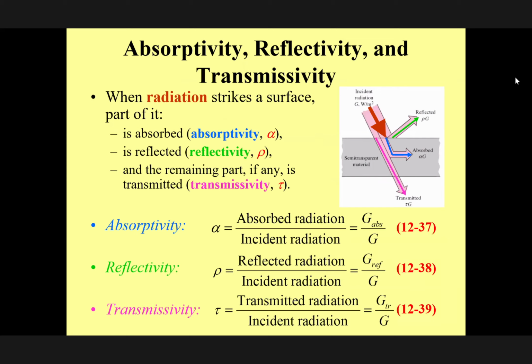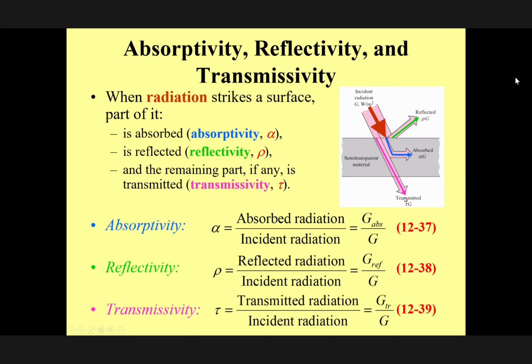Again, we discussed before the definitions of absorptivity, reflectivity and transmissivity. If some radiation G, in watts per square meter, comes here, some of it will pass through. We call that transmissivity. For some materials, like glass, we would like this value to be high.